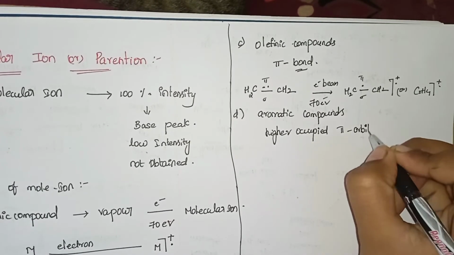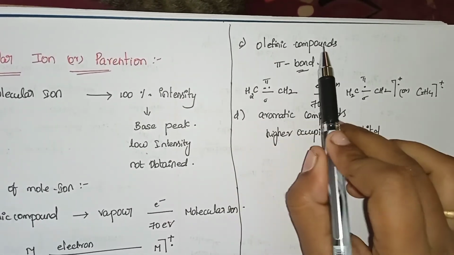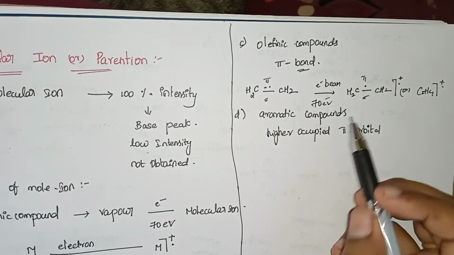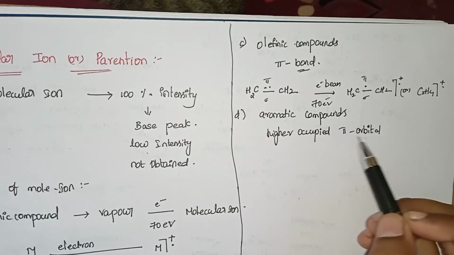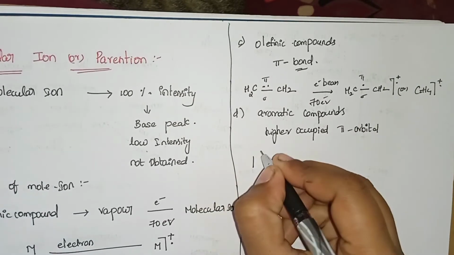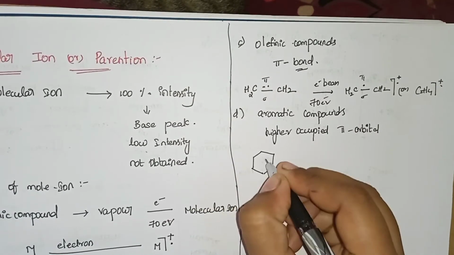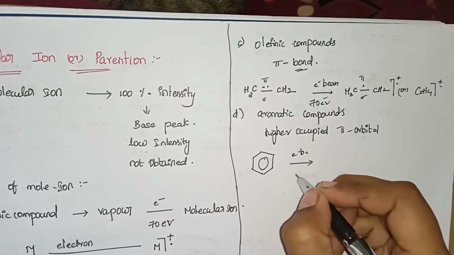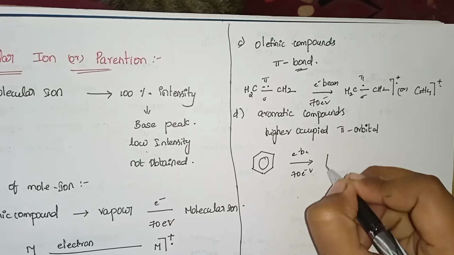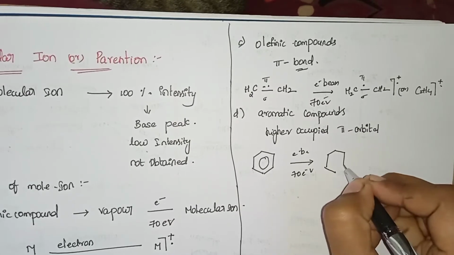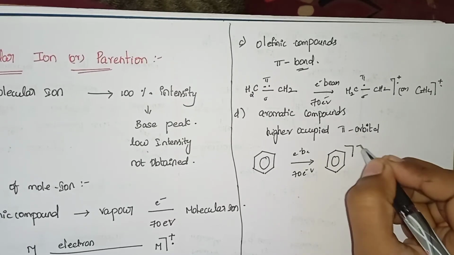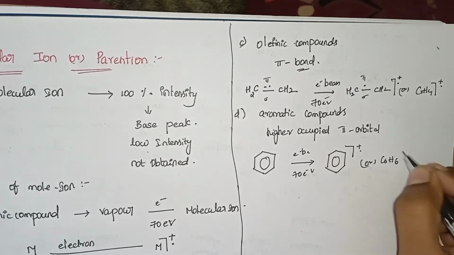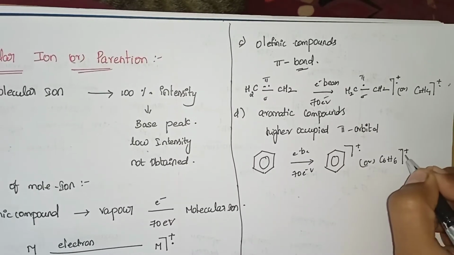In olefinic compounds we remove an electron from the pi bond; in aromatic compounds we remove one electron from the highest occupied pi orbitals. For example, benzene with an electron beam of 70 electron volts forms the molecular ion, also written as C6H6 plus radical.